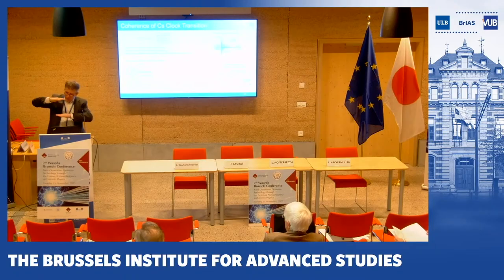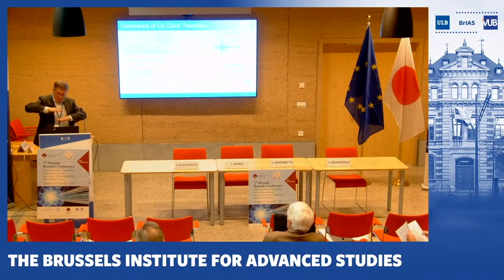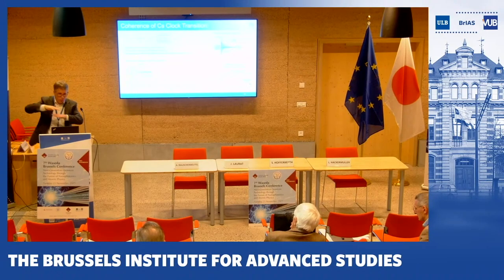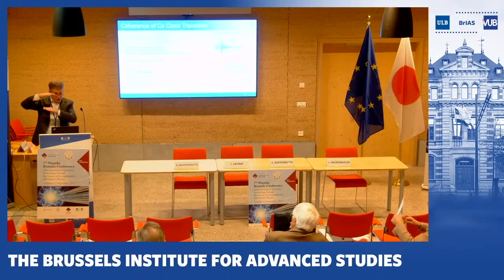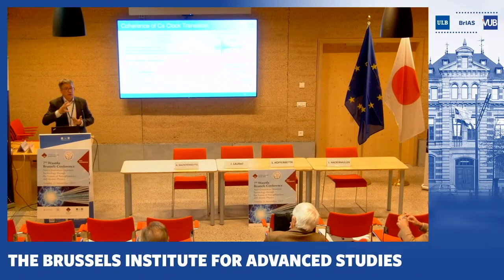And now this shift is intensity dependent. That means if the atoms move in the trap, then depending on where they are, their transition frequency changes. And this motion-induced dephasing causes this decay of the Ramsey signal.